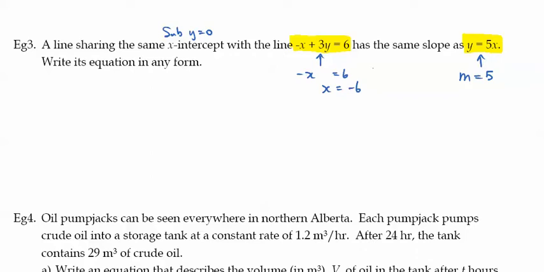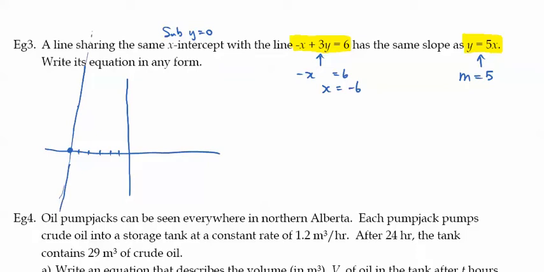So if we have a line with x-intercept at -6 and the slope equals 5, then the line will probably go in a very steep slope and eventually hit the y-axis somewhere up there, very high.